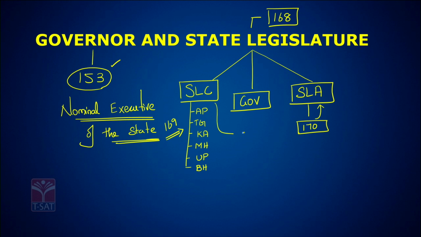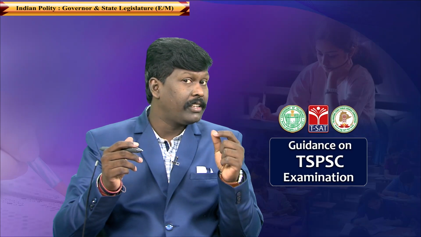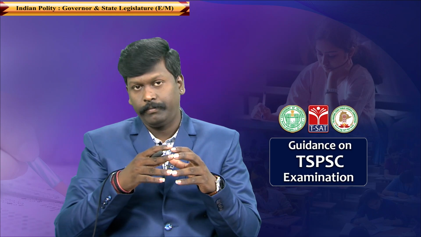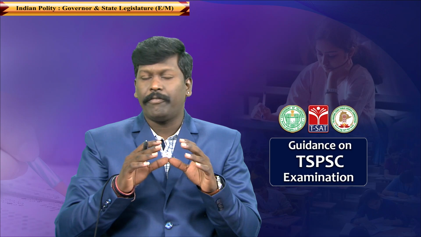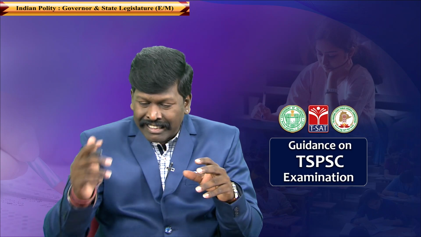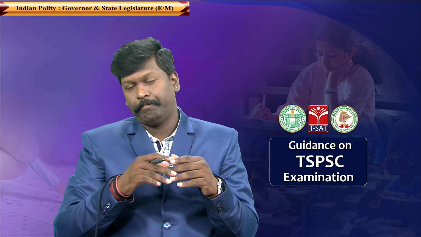Article 171 talks about the composition of the Council. And you all know Article 153 says there shall be a governor for each state. Very, very important. 95% of the state legislature process is similar to parliament.